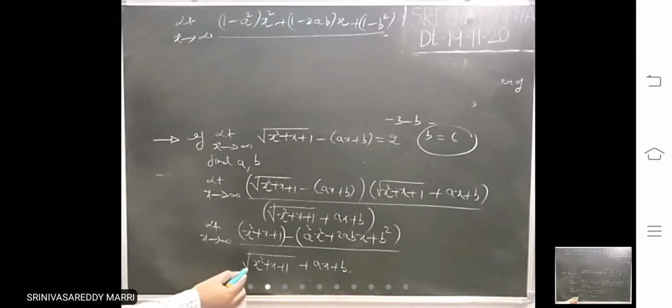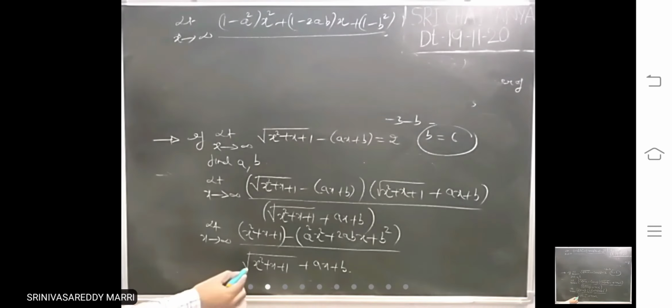Now look at it. Here in this highest degree I am taking common. X square I am taking common: 1 by x plus 1 by x square you will get. Plus, in these two I am taking x common, a plus b by x.